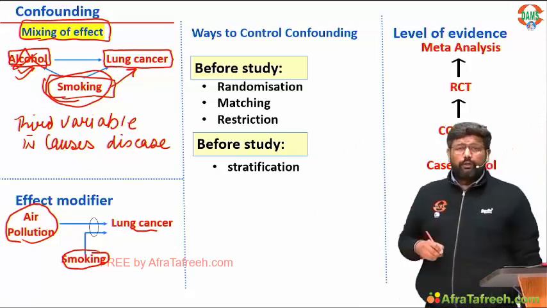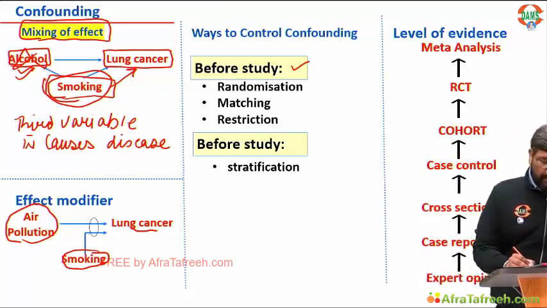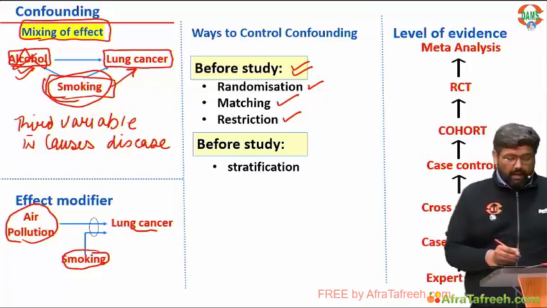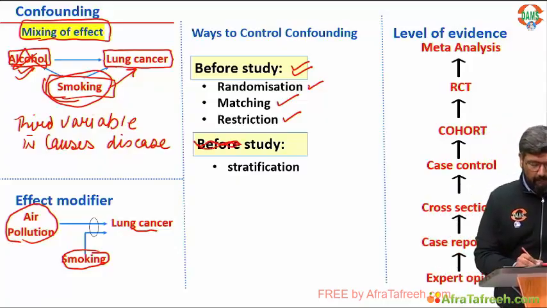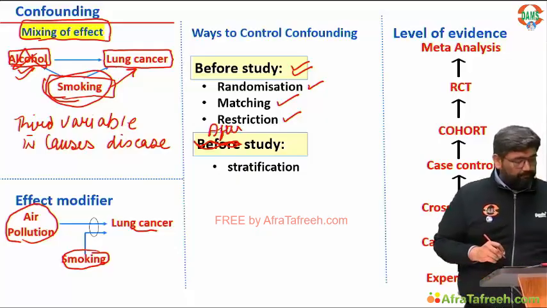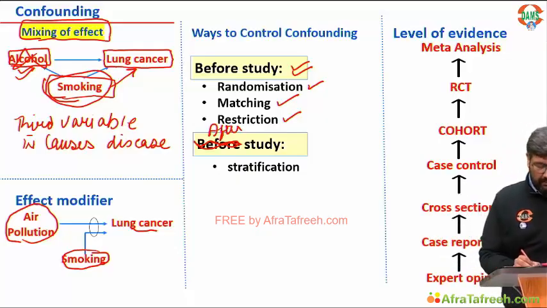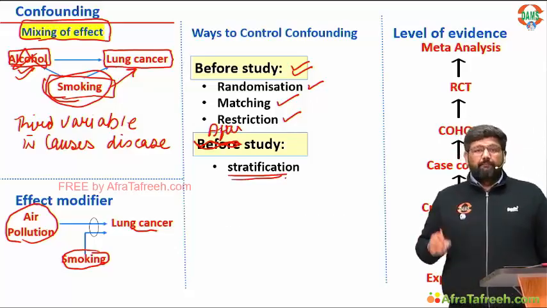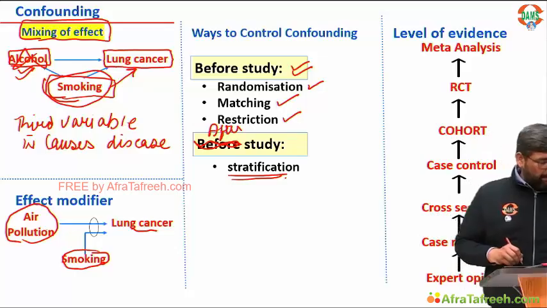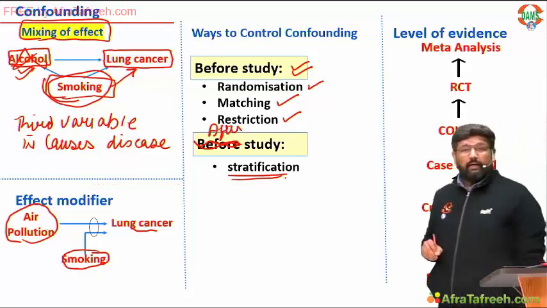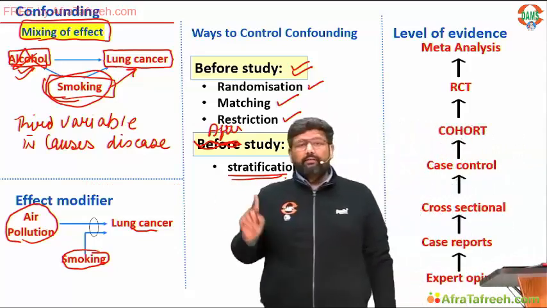Now ways to control confounding: before study, randomization, matching, restriction, right? And after study, stratification.